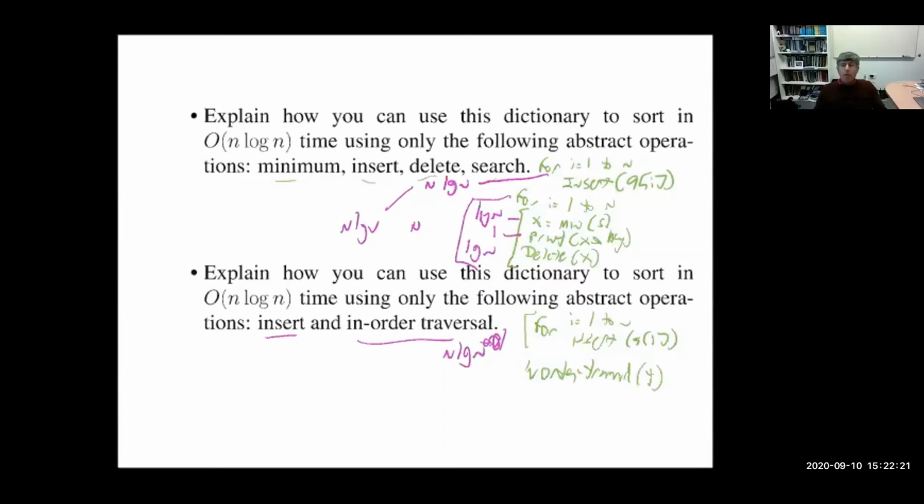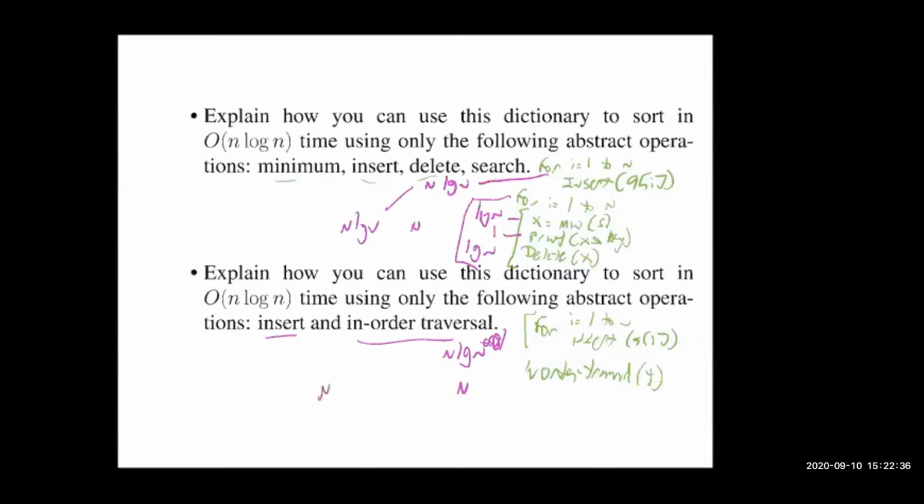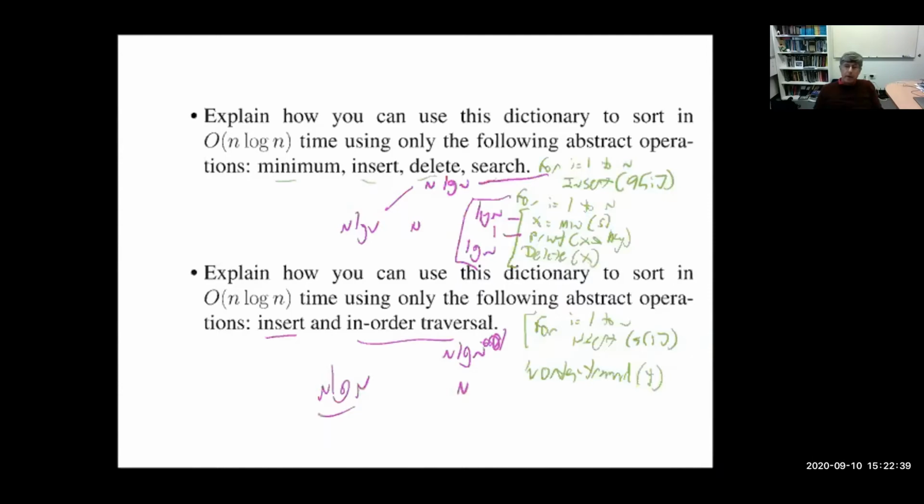And how much time does it take to do the in order traversal of the tree once you have it? N. This is n plus n log n time. What does that mean? That's n log n. So all three of these are n log n.